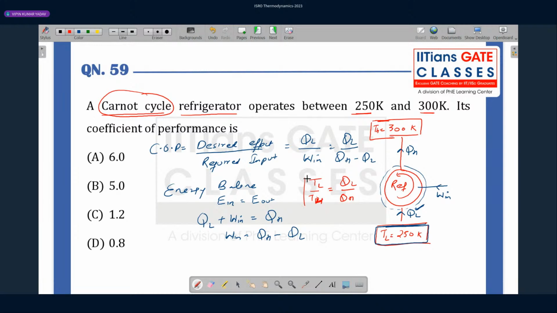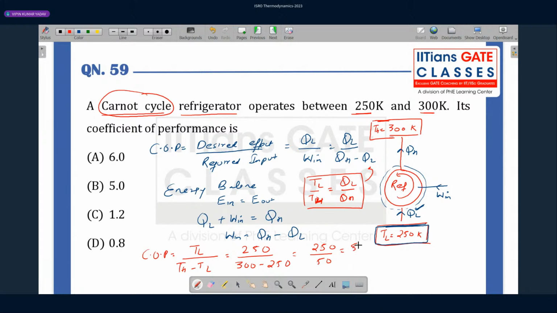There is a derivation for it, but you can prove this, and therefore you can replace it here. So COP is equal to T lower upon T higher minus T lower. That is 250 upon 300 minus 250, so 250 by 50, and the answer is 5.